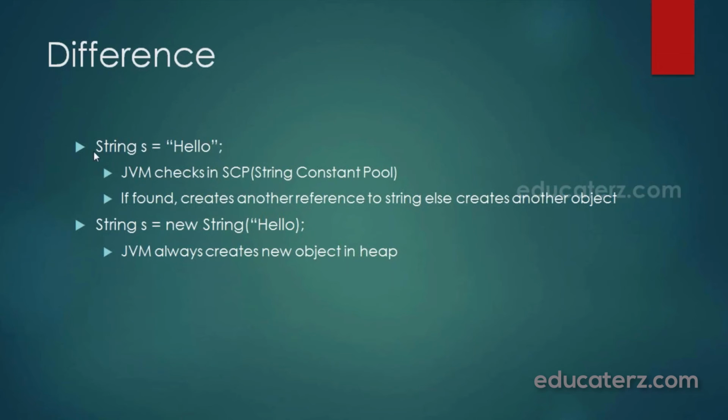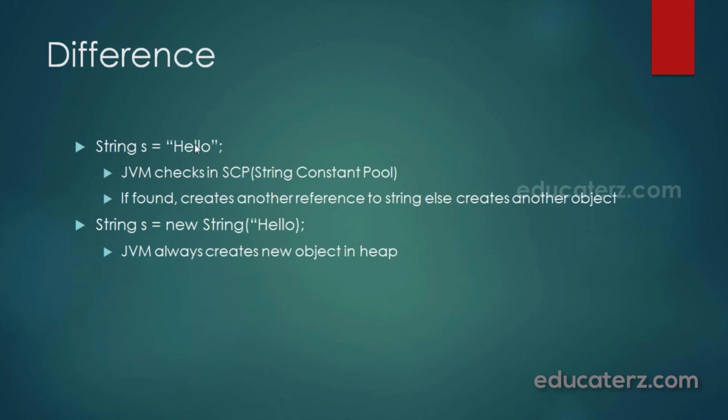That is, if I say String s1 equals hello and s2 is also hello, whenever a statement like String s1 equals hello is executed, JVM creates the hello object for s1 with the content hello in the string constant pool. Now when the second statement, String s2 equals hello, is executed, it will again check in the SCP, that is the string constant pool.